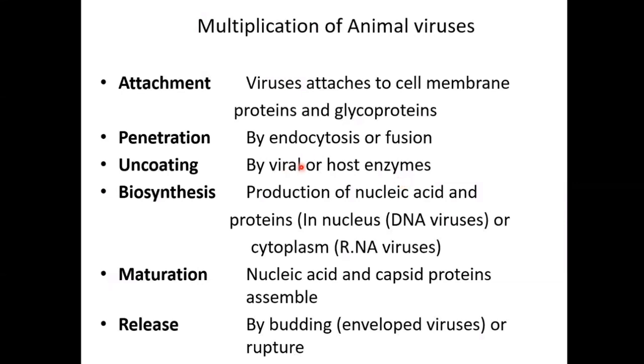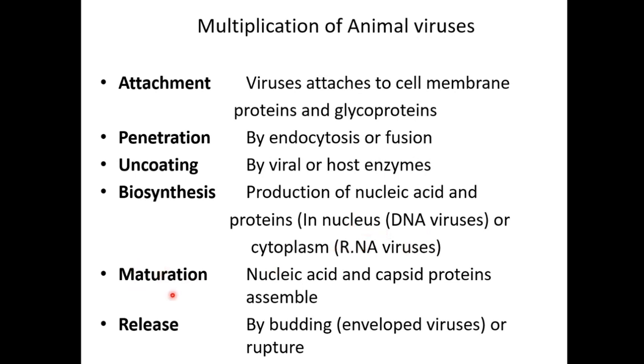Then after the capsid is removed, the nucleic acid is released. There we start the biosynthesis. We have seen that there is early protein, late protein, but there is also replication of genetic material in the nucleus, mostly for DNA viruses, or in the cytoplasm for RNA viruses.